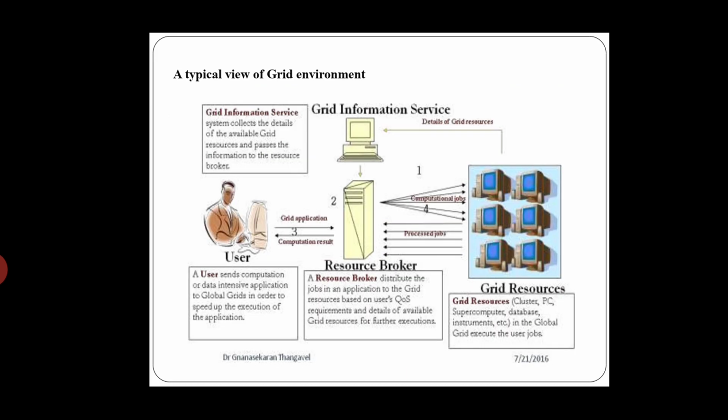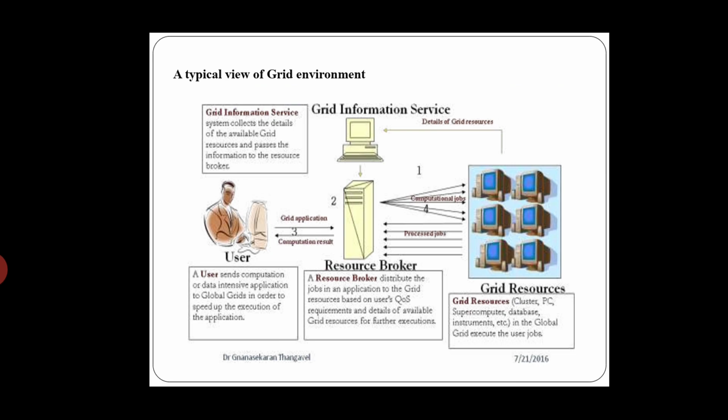Coming to this, the typical view of a grid environment. This is the user, this is the resource broker, this is the grid information service, and these are the grid resources. These are the typical views of a grid environment from the user's perspective. The grid information service is a system that collects the details of the available grid resources and passes the information to the resource broker.